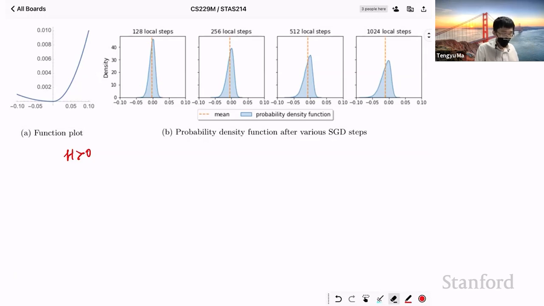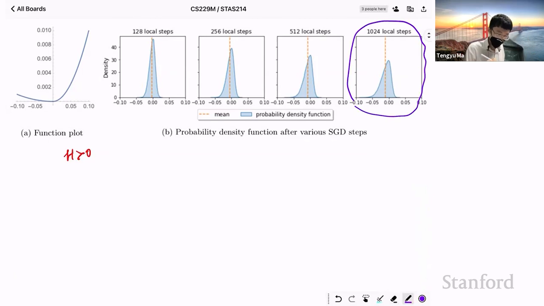And if you do gradient descent, I guess probably the only thing important is this. This is after you take 1,000 steps of stochastic gradient descent, and you can see that the iterate is bouncing around.